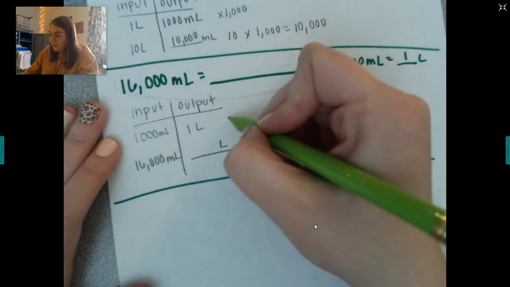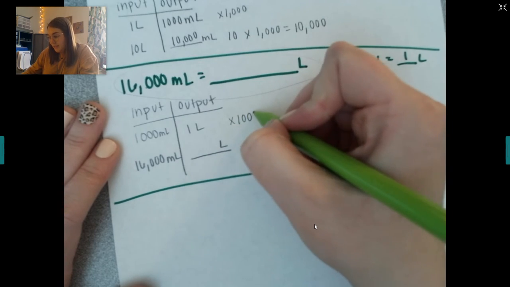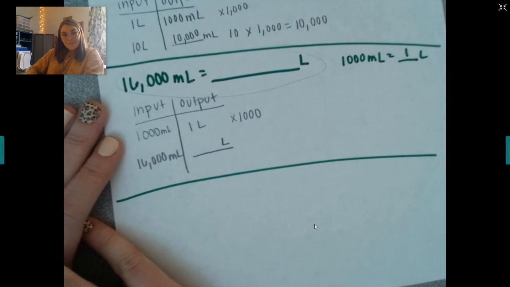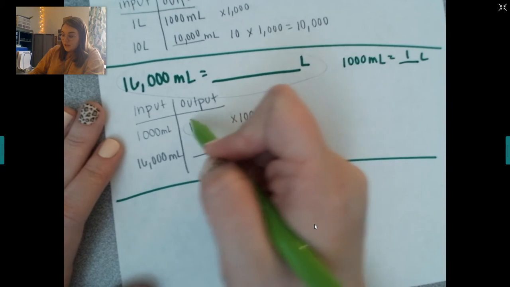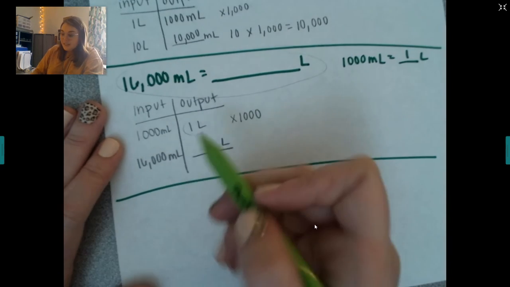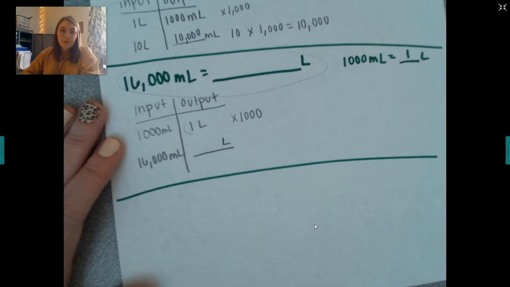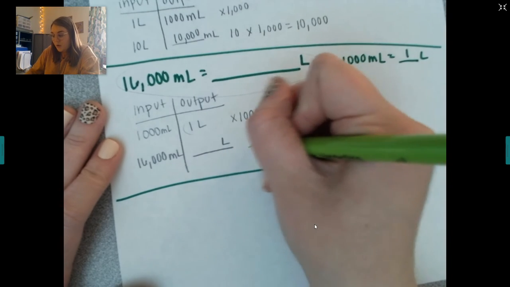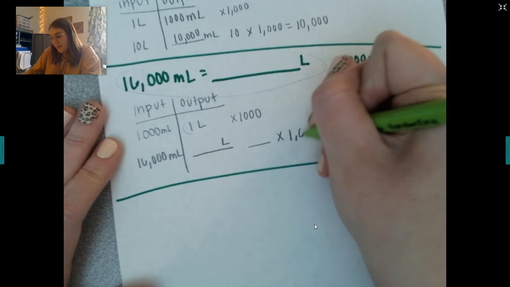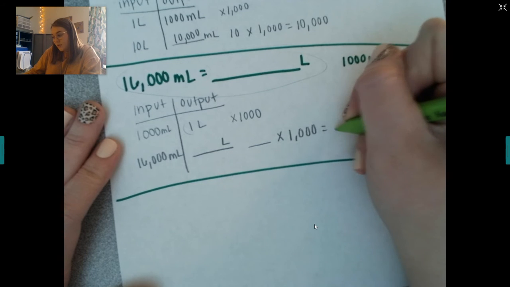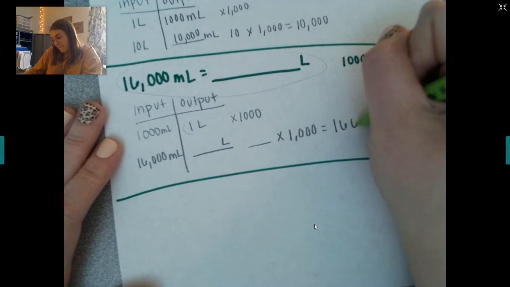I know my rule is multiply by 1,000 because guess what? Today, you don't have to guess. As long as you take your liters, you multiply it by 1,000, it's going to give you your milliliters. I promise you. If you take your liters, which we don't know, you multiply it by 1,000, it's going to give you your answer.